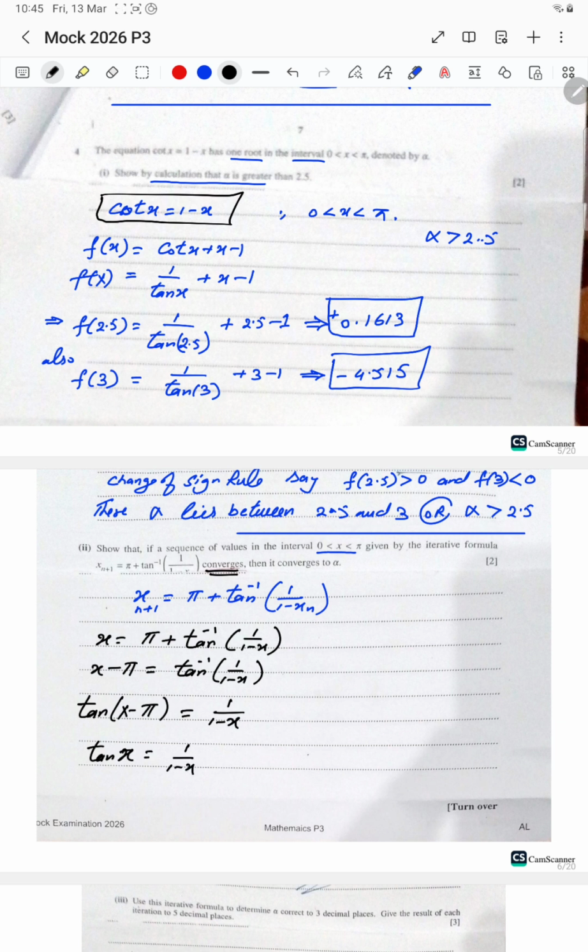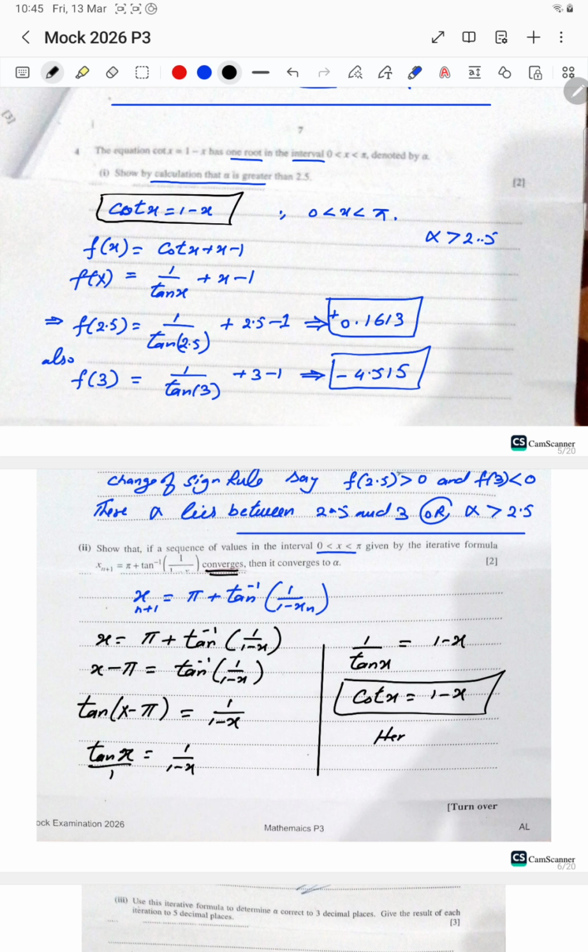Now I need to flip the terms, so it will be 1 over tan of x equal to 1 minus x. So it will be cot of x is equal to 1 minus x, because 1 over tan is equal to cot x, which is the original equation we started from before making the iterative formula in part 1. I hope it is clear.